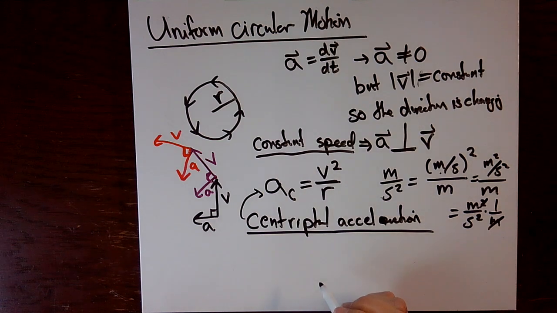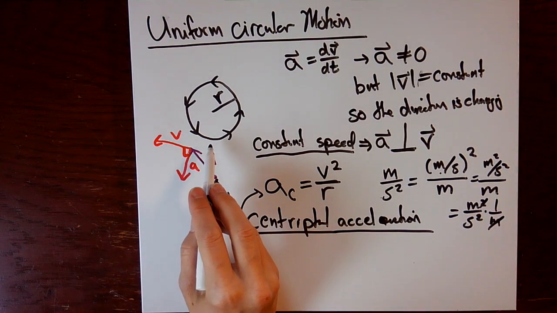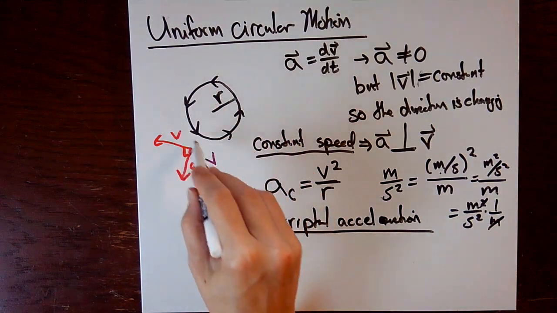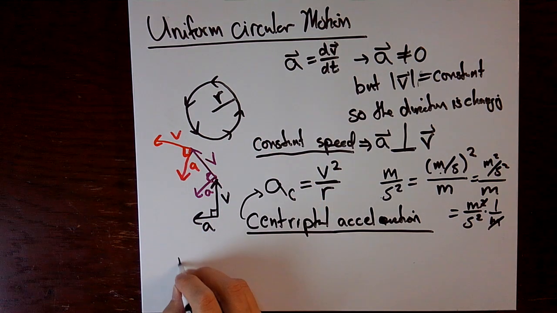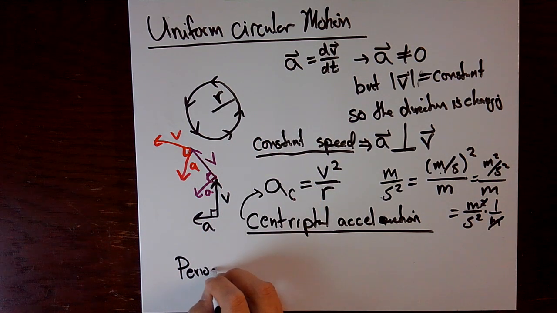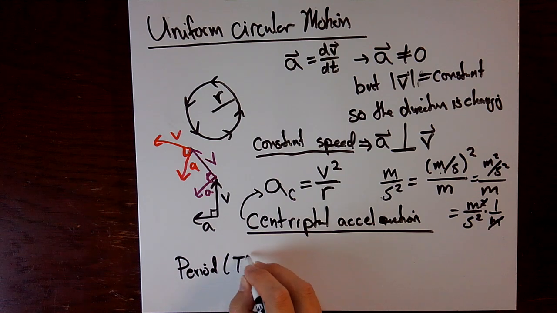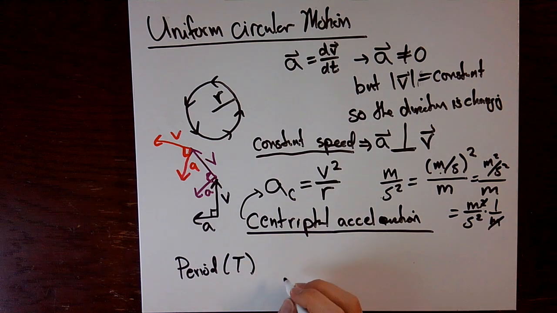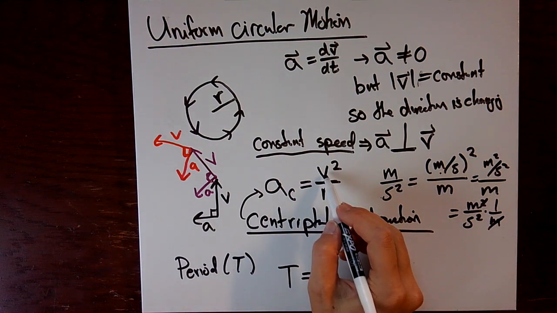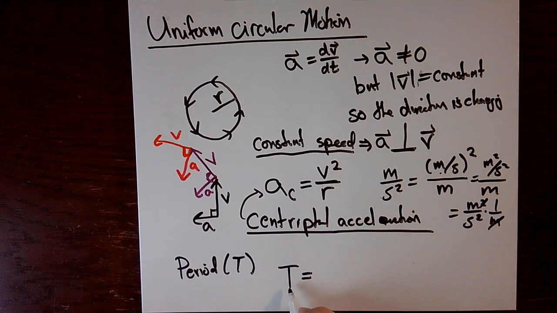The final thing that's useful to know about uniform circular motion is how long it takes to get around the circle. That's the period of revolution, and we use the symbol T for that. And of course, the faster we're going, the greater our speed, the less time it should take us to get around the circle, so we're dividing by v there.